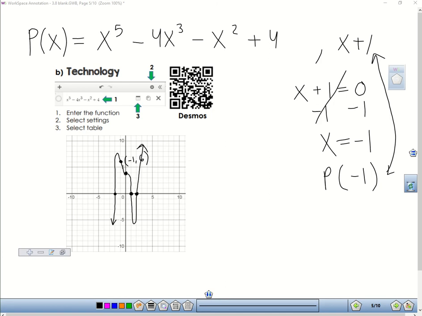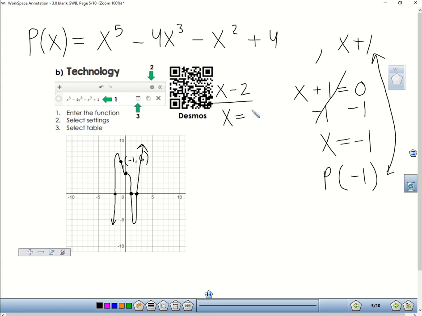So we wanted to evaluate x plus 1, right? But let's say that I wanted to evaluate the graph at x minus 2. What would you guys do to evaluate the graph at x minus 2? What x value am I looking at on the graph?